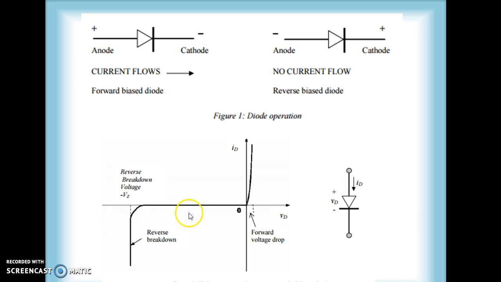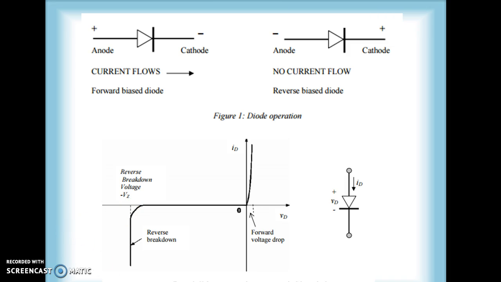There are two types of breakdown mechanism: the avalanche breakdown and the Zener breakdown. Actually, we should avoid this condition, because when we increase the reverse voltage, it may be dangerous to the diode. A heavy current will flow through the diode, and if this current is not controlled through some external resistance, it may damage the diode because it will increase the temperature of the diode beyond the limit it can tolerate.